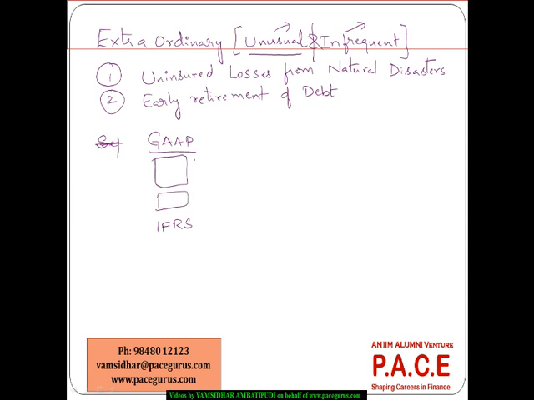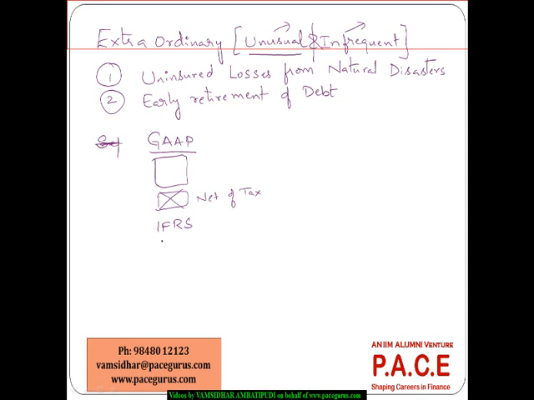Just like a discontinued operation, I will treat the extraordinary items separately, net of tax, just like the way I have handled the discontinued operations after the net income, net of tax after the income from the continuing operations. So this comes after this. Again, from an analyst perspective, he can completely ignore this block.